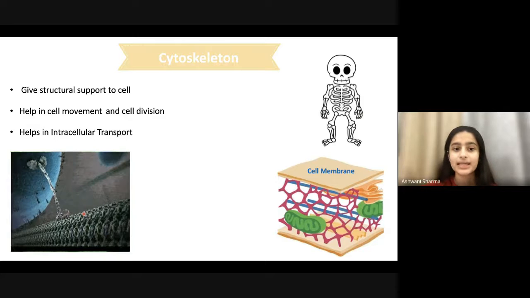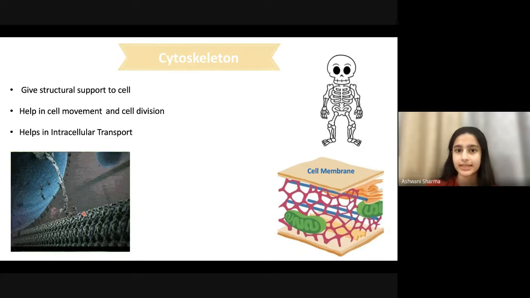What intracellular transport basically is, it's the transport which occurs inside the cell. So inside the cell, there are lots of proteins, there are lots of molecules. And if these proteins or molecules need to be transported to another place inside the cell, they get transported through the cytoskeleton. So we can say that the cytoskeleton is kind of like the highways of the cell, on which all the proteins and molecules get transported.